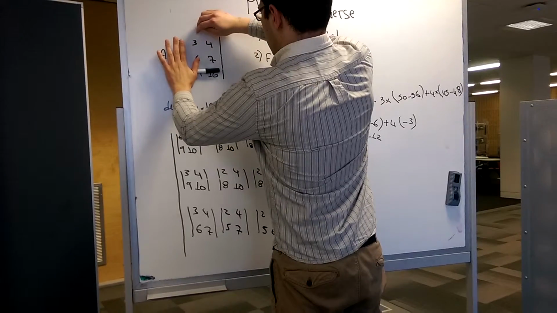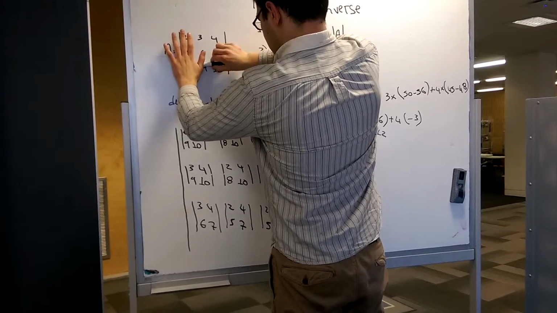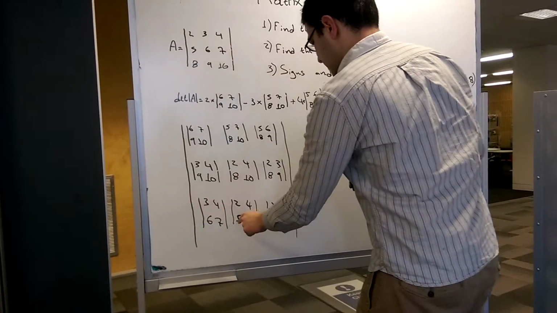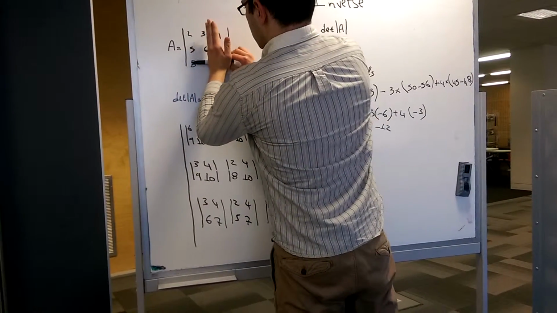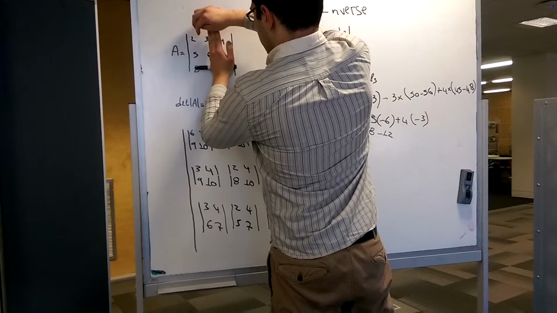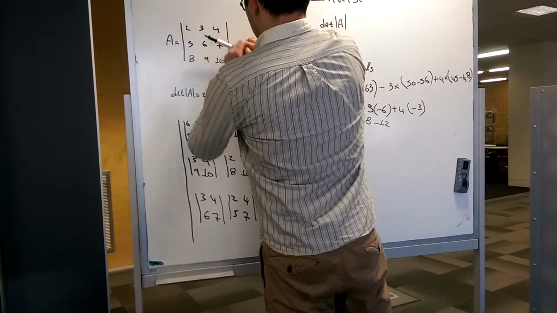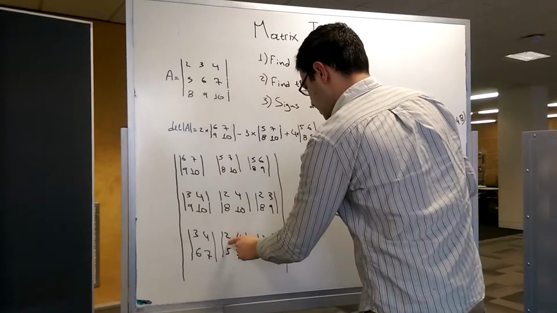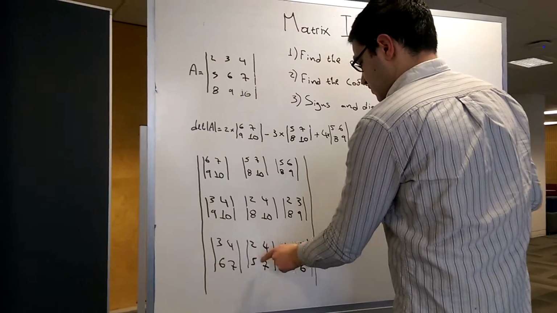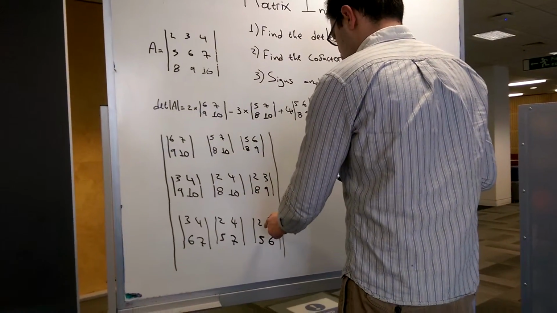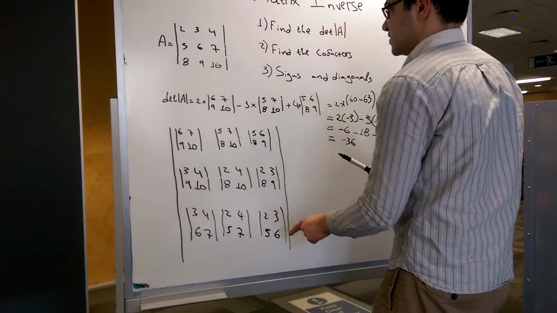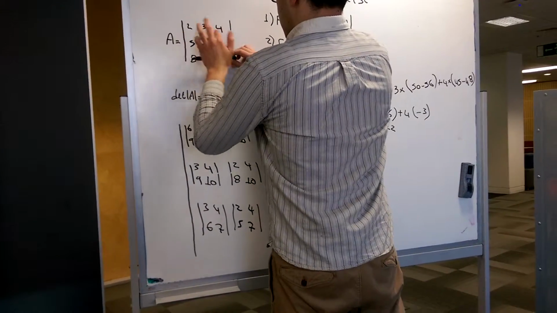So we have 3, 4, 6, 7. Then we have the third row with the second column, and we get the 2, 4, 5, 7. And then we have the 2, 3, 5, 6.